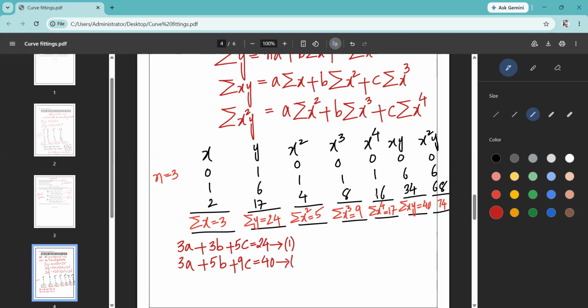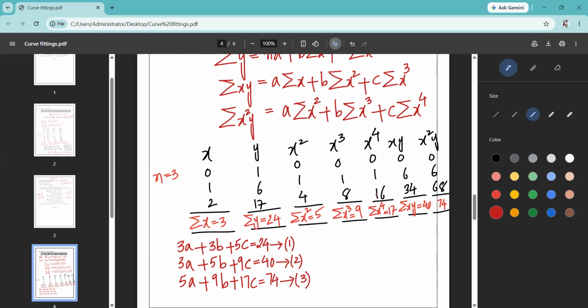This is the second equation. Now next, summation x square is 5a plus x cube is 9b plus x to the power of 4 is 17c, which is equal to summation x square y value, 74. This is equation number 3.